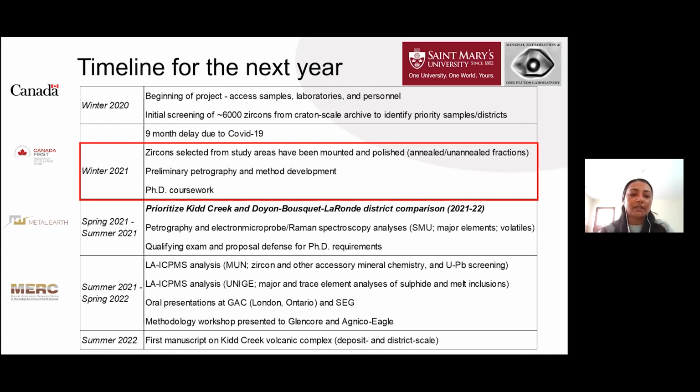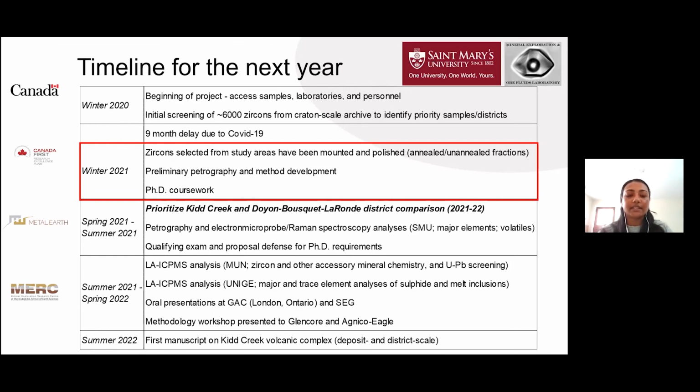Moving on to summer 2021 and spring 2022, we'll be focusing on LA-ICP-MS, which will be done at Memorial University and University of Geneva to look at the zircon and other accessory mineral chemistry, as well as major and trace element chemistry of the sulfide and melt inclusions.